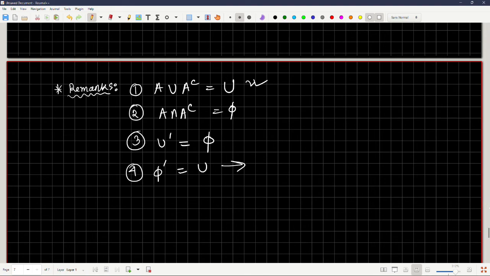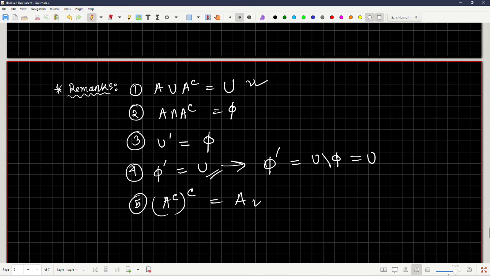It's pretty easy to see. What is a null set prime? By definition this is the universal set, and you get rid of all the elements in the null set. But what are the elements in a null set? There is nothing, right? So you just get U back. Okay, then the complement of the complement of A is just A itself.